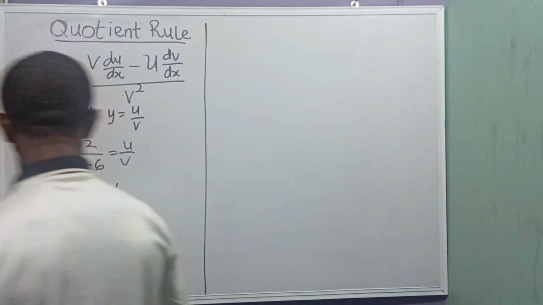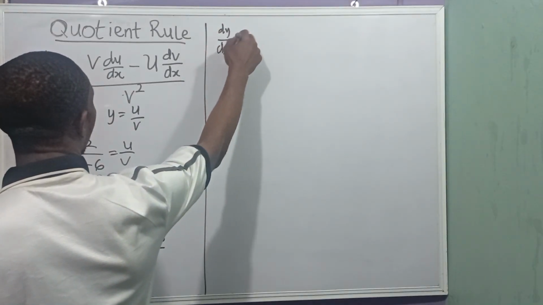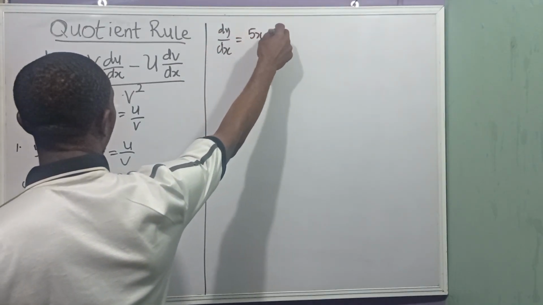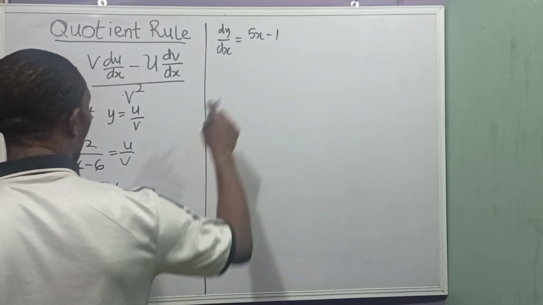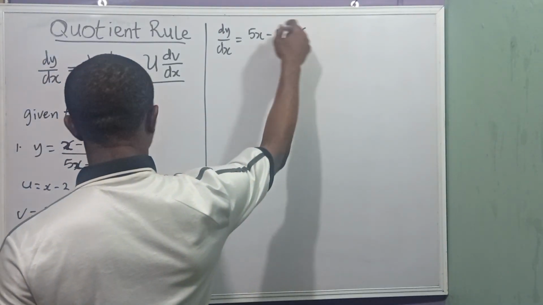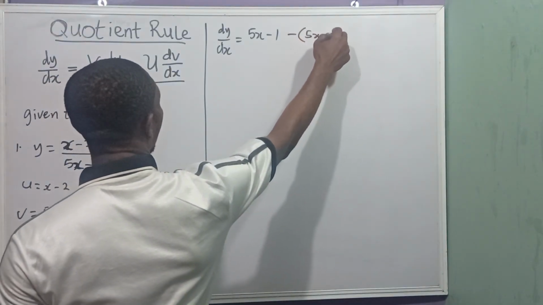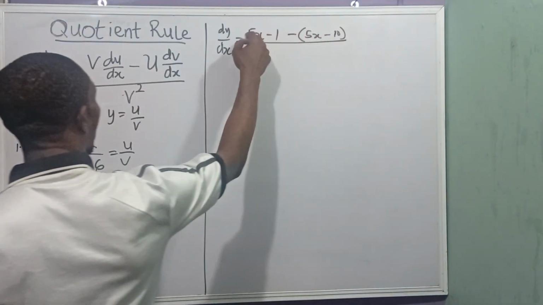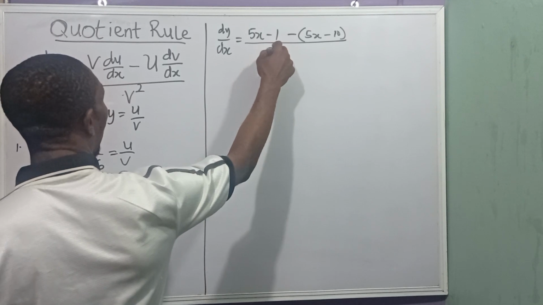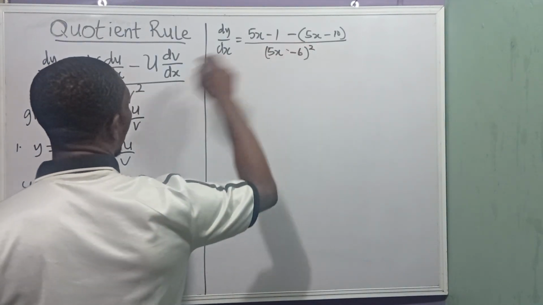Now having done this, let's expand. dy/dx gives us 5x minus 6, now opening this bracket we have minus 5x minus 10, all over 5x minus 6 all squared.